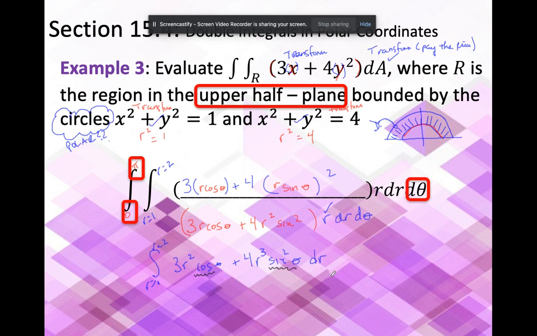Cosine theta and sine squared theta are just constants, right? So I end up with 3r cubed over 3. So that's just going to be r cubed cosine theta plus r to the 4th over 4. Oh, isn't that nice? Evaluated at 1 and 2.